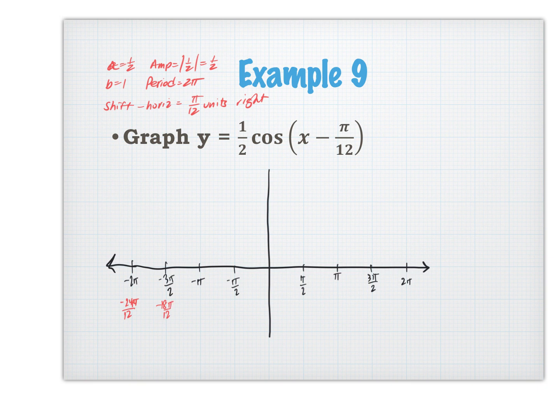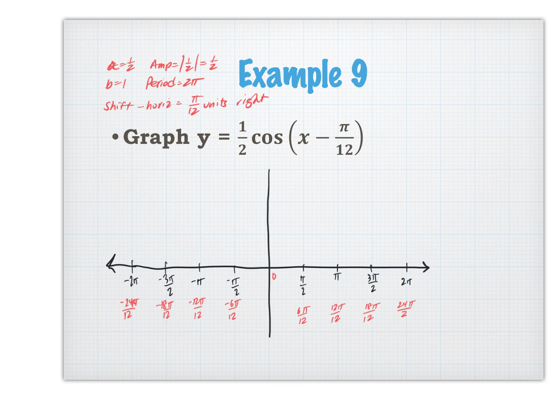And this is going to be negative 12 pi over 12. It's going to be negative 6 pi over 12. This one's still going to be 0. This one over here is going to be 6 pi over 12. This is 12 pi over 12. This one's going to be 18 pi over 12. And this is going to be 24 pi over 12. Okay, so those are those coordinates above with a denominator of 12.